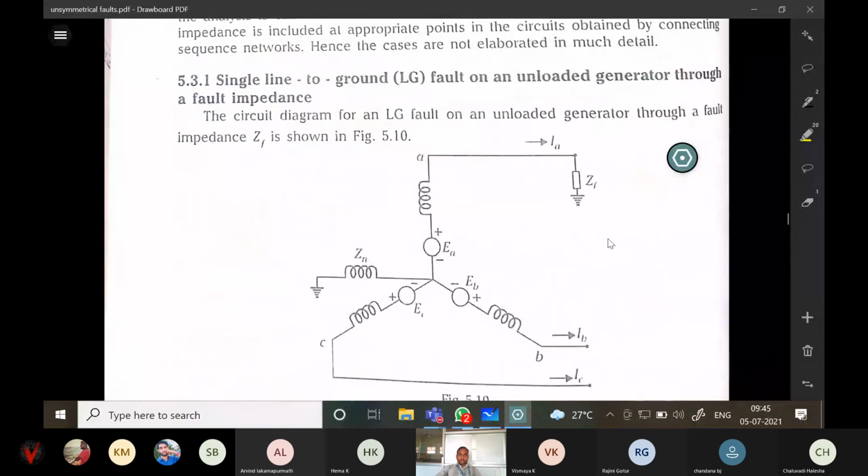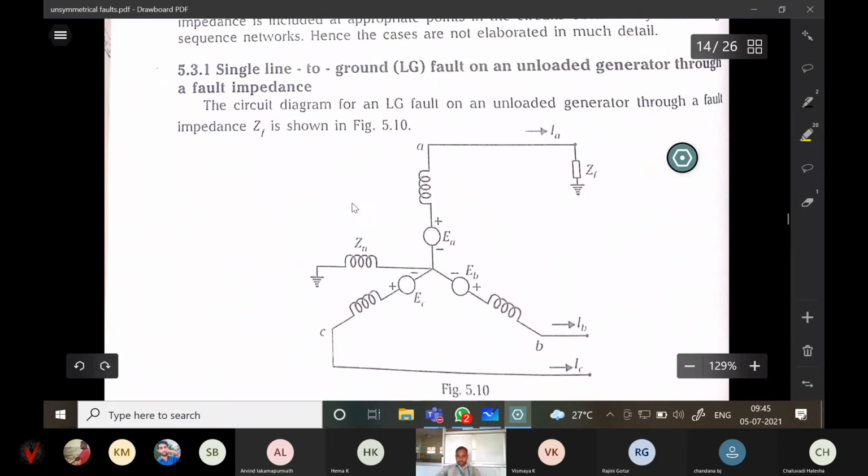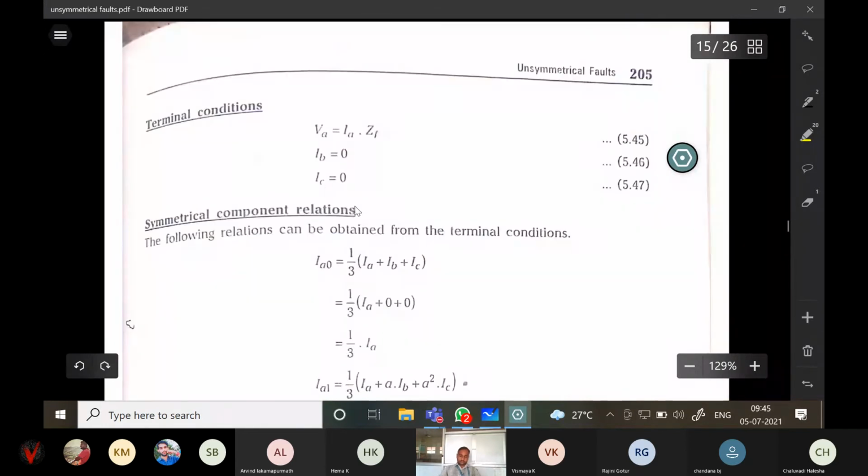The only change from the previous derivation for the unloaded generator is the diagram; the same terminal conditions obtain here.